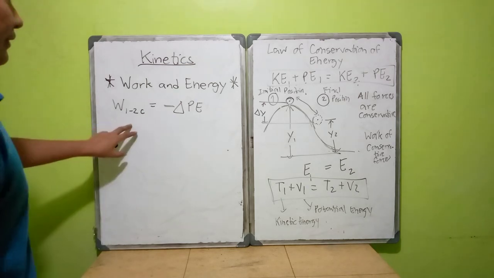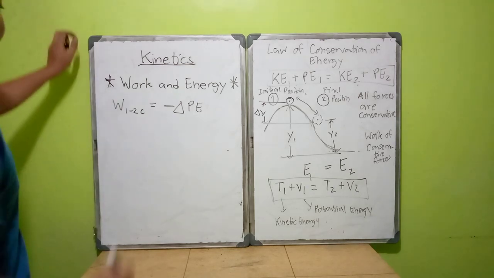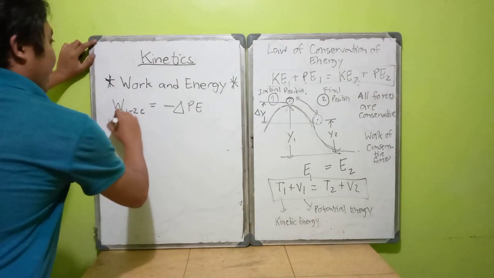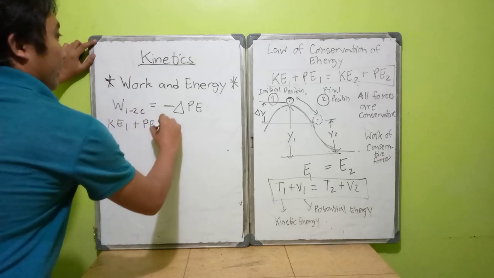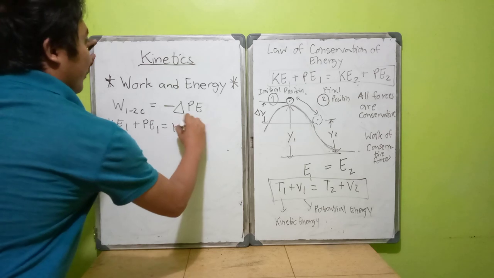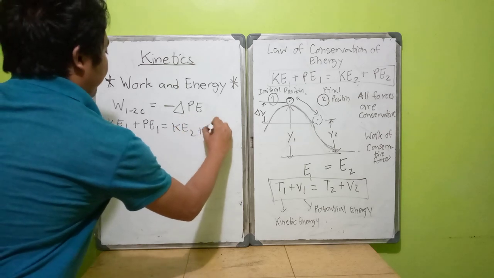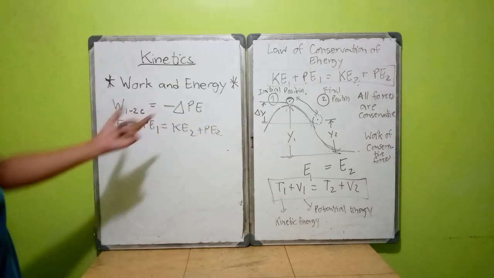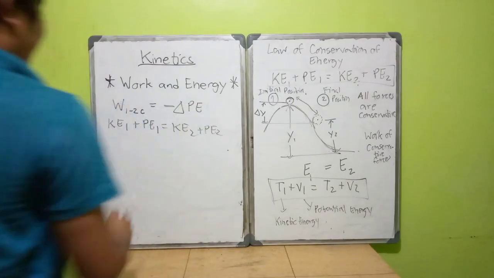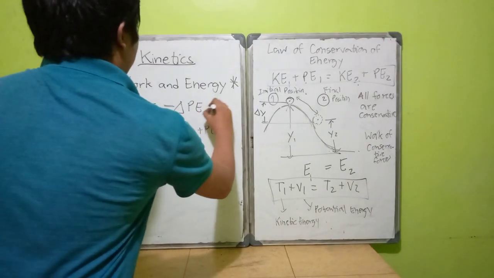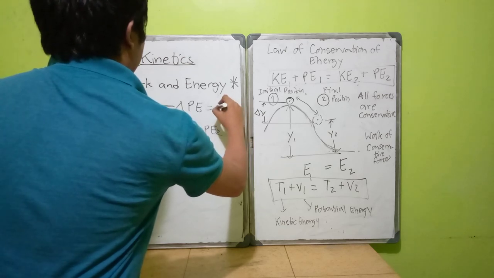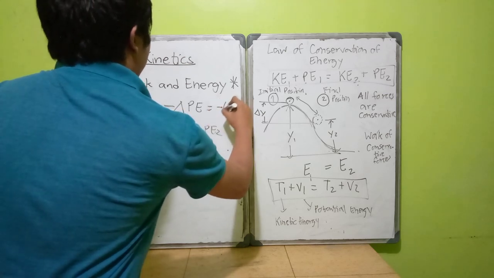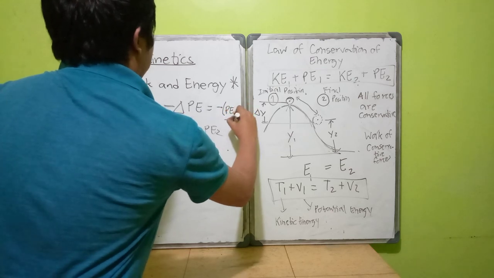So from this problem we have KE1 plus PE1 is equal to KE2 plus PE2, and we know that the change in PE is equivalent to negative of PE2 minus PE1.